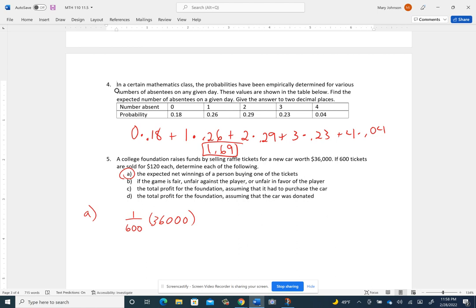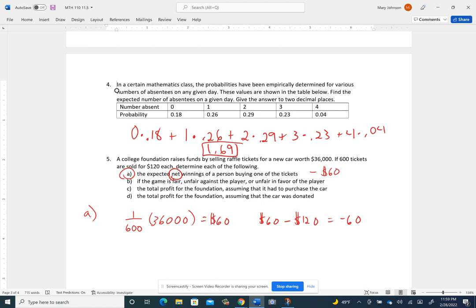That would turn out to equal 60. Those would be your expected winnings. But if you want expected net winnings, don't forget you paid. That's your expected winnings, but you paid $120. So your net winnings would be negative $60.